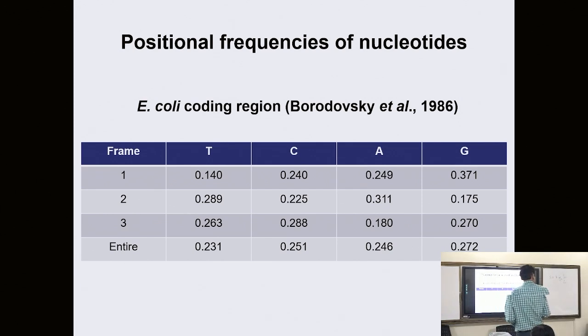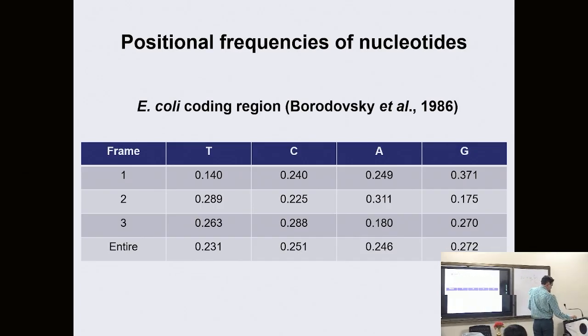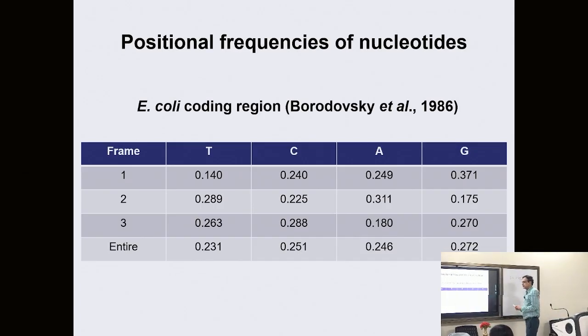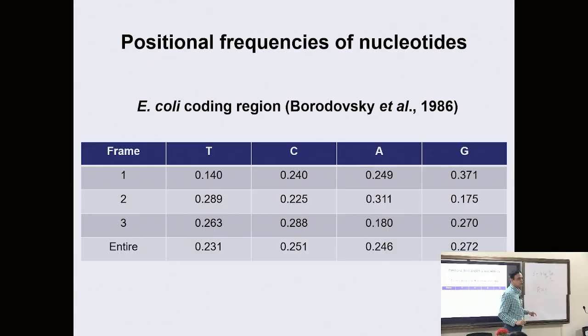And then they also observed, and this I think actually was known much before, that there is an abundance of RNY codons in coding sequences, where R is purine, and purine is A or G. Y is pyrimidine, and pyrimidine is C or T. And this is position 1, this is position 2, this is position 3.